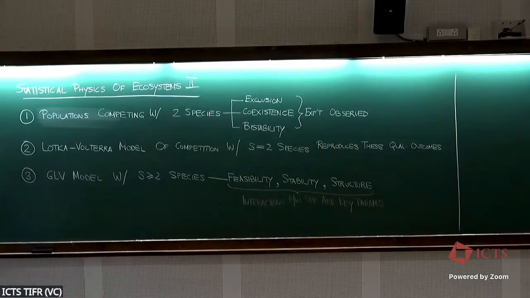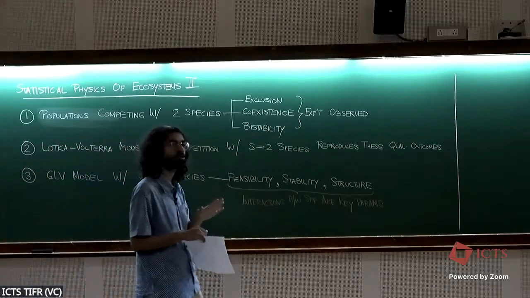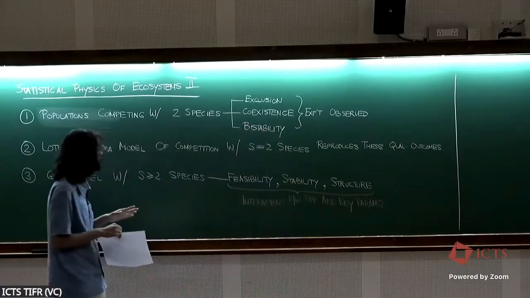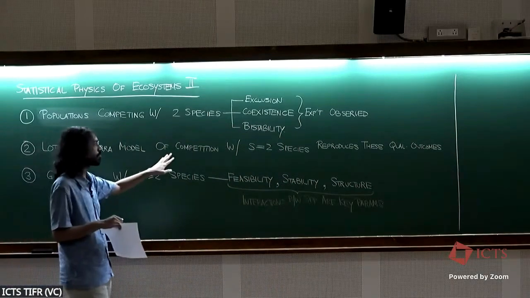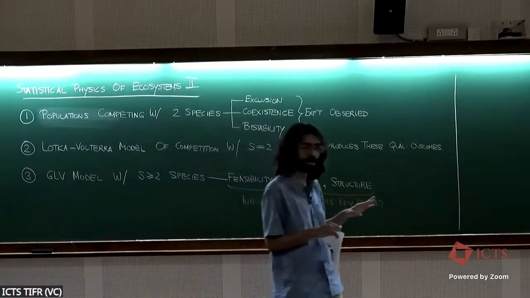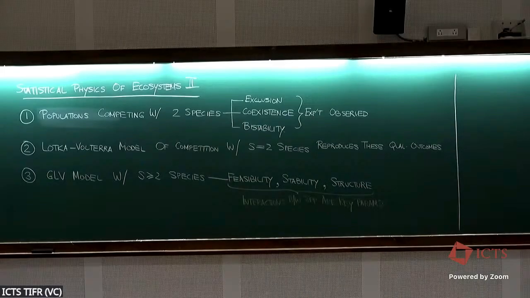And then we'll go on to ask, what are the broad qualitative outcomes that you get from a 2-species Lotka-Volterra model, which is what we wrote down at the end of the class yesterday? And what we'll find is that this model of competition with 2 species reproduces exactly these 3 qualitative outcomes. These are the entirety of the 3 outcomes, qualitatively, that are allowed by this kind of model.